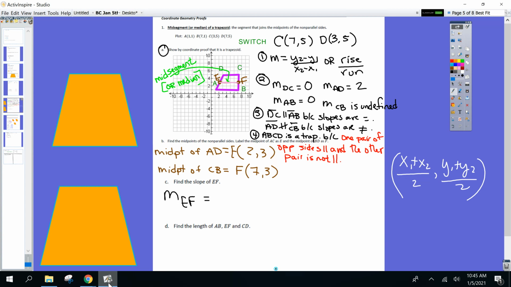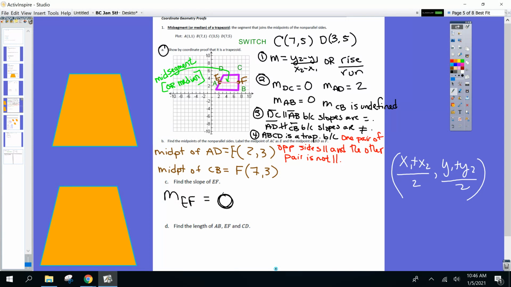It's on the graph. We just graphed E and F, which are the midpoints. 0, because it's a horizontal line, so the slope is 0. Why did we find the slope? I'll tell you in a second when we write down the properties of a midsegment.